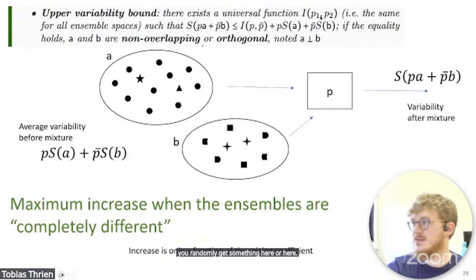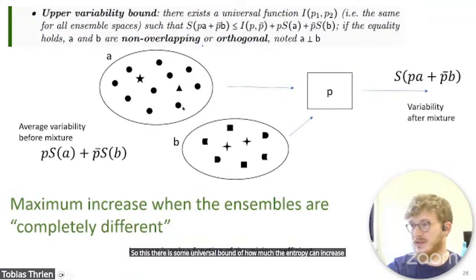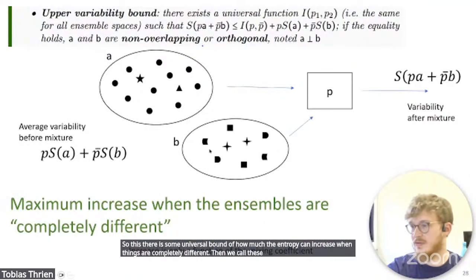So there is some universal bound of how much the entropy can increase when things are completely different. Then we call these ensembles orthogonal.